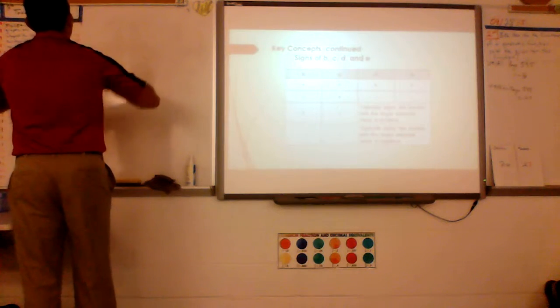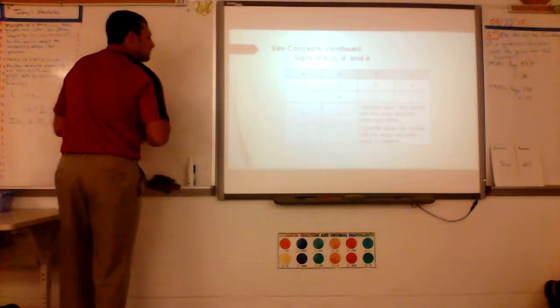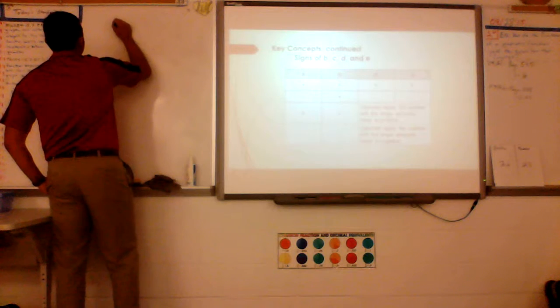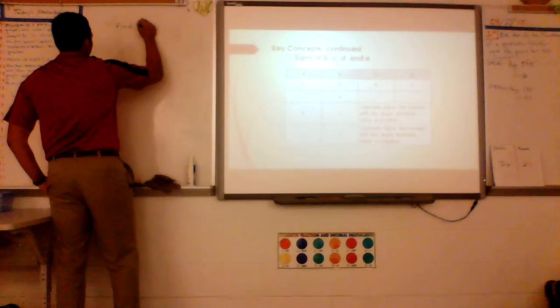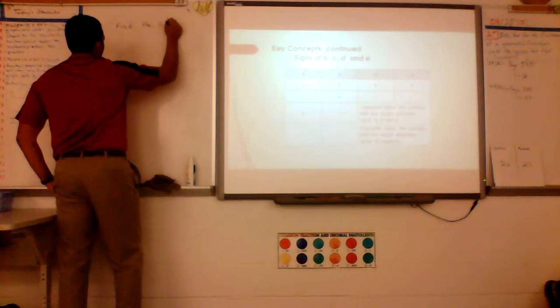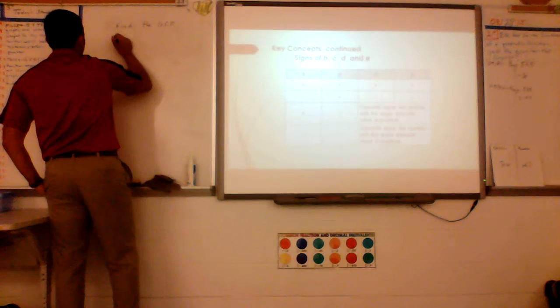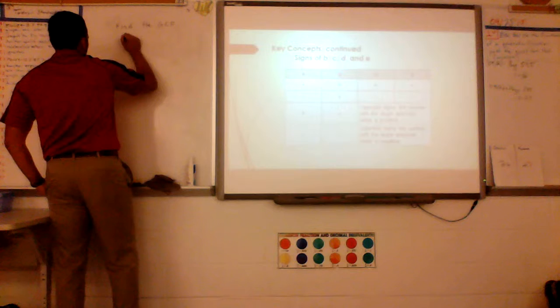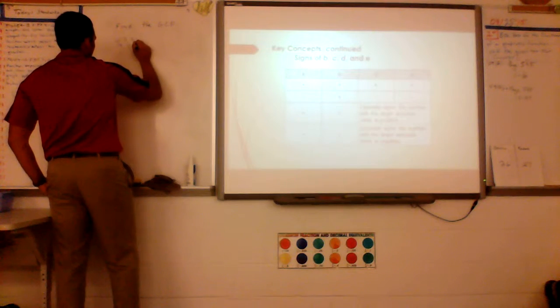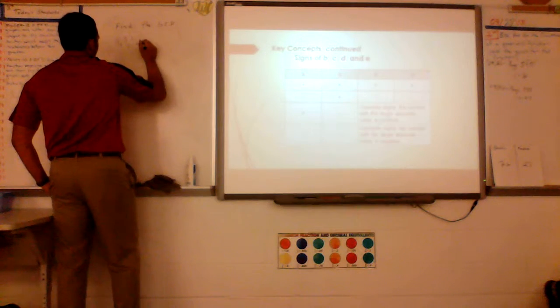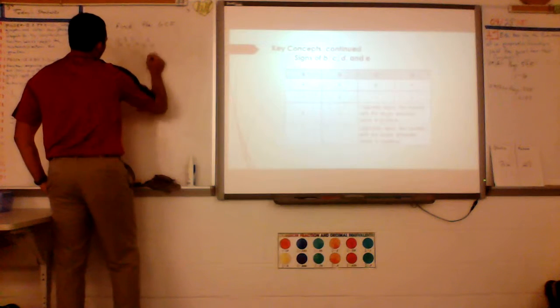Now let's see if you guys can do something else when we're talking about GCFs. Let's say I want you to find the GCF of 4x cubed y squared plus x squared y.